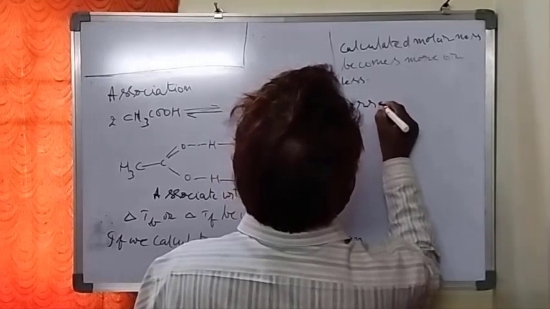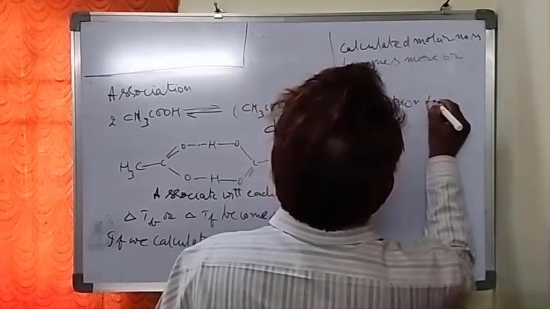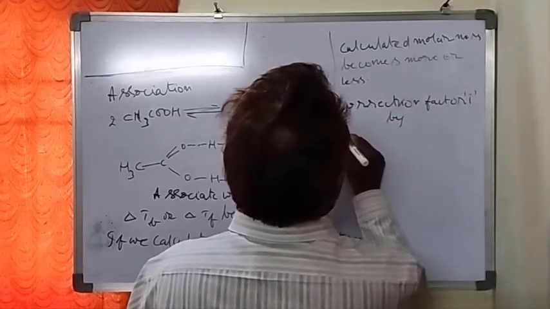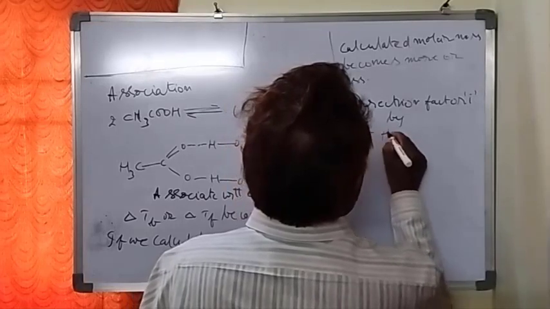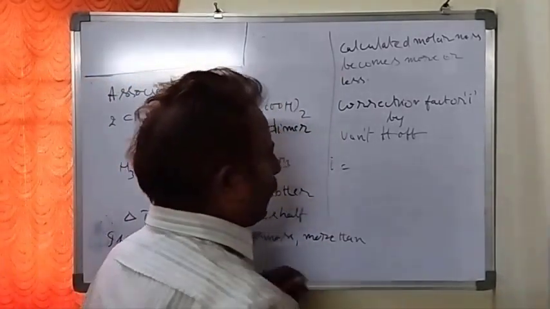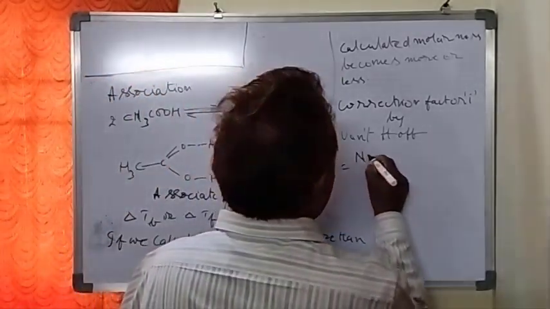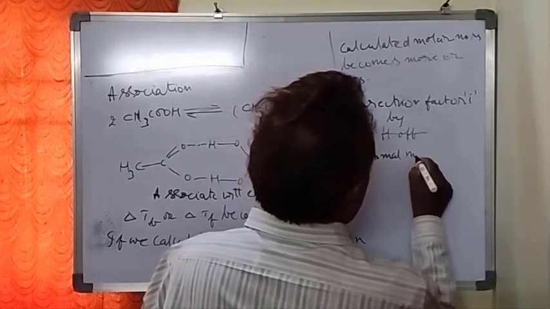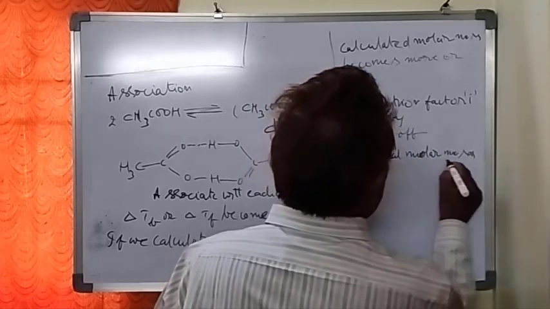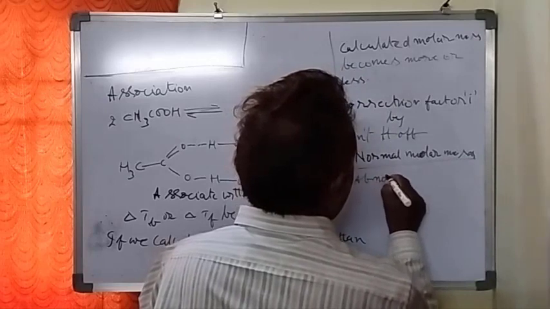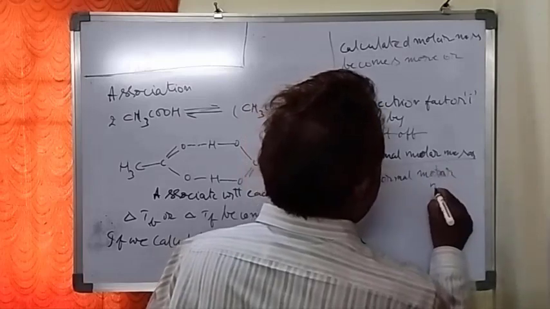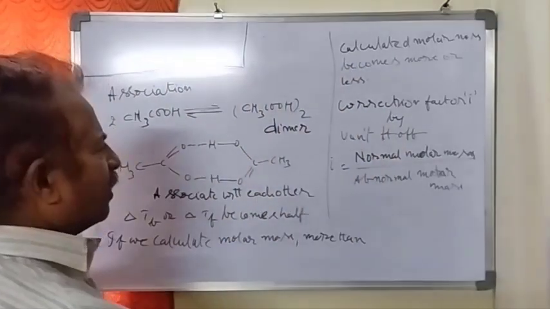Correction factor i. Who introduced? Van 't Hoff. So i equals normal molar mass by abnormal molar mass.